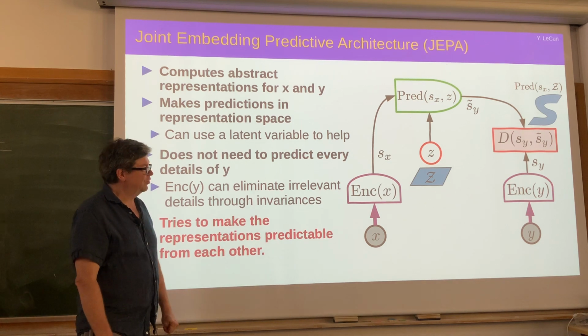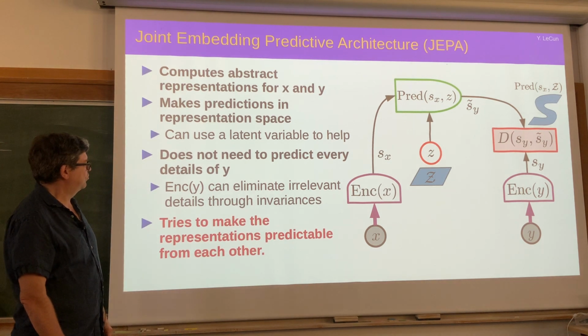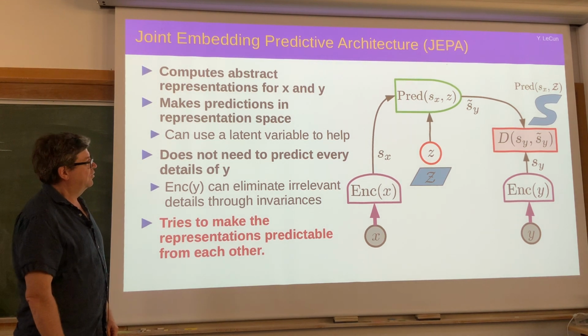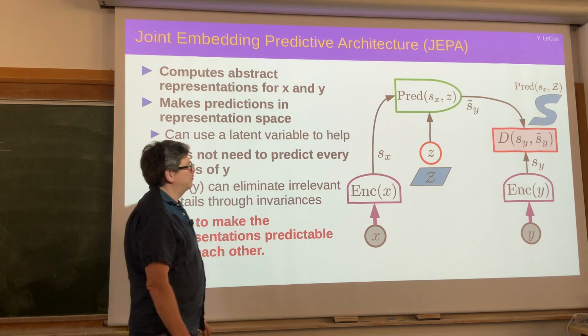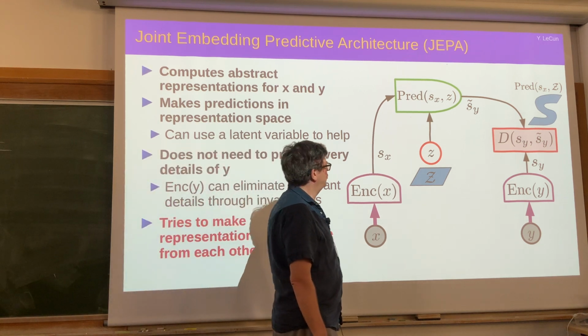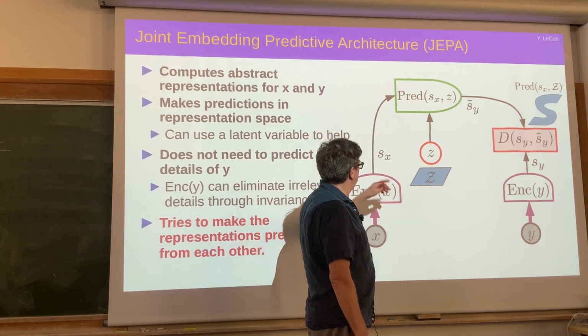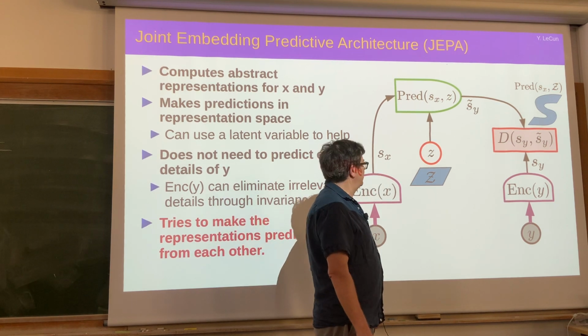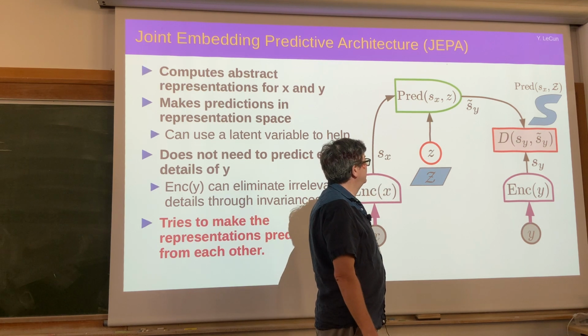Okay, so what loss function are we going to use to train this? The loss function will have to choose a trade-off between three things. First, make Sx and Sy maximally informative about their input data, and that's going to be a tough thing to do.